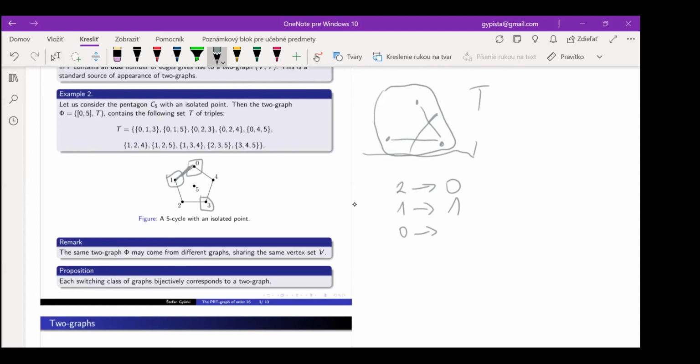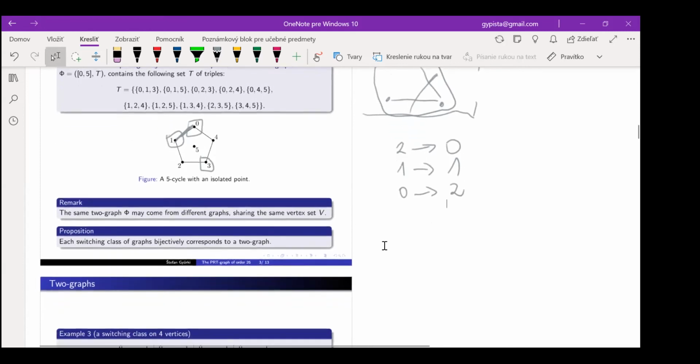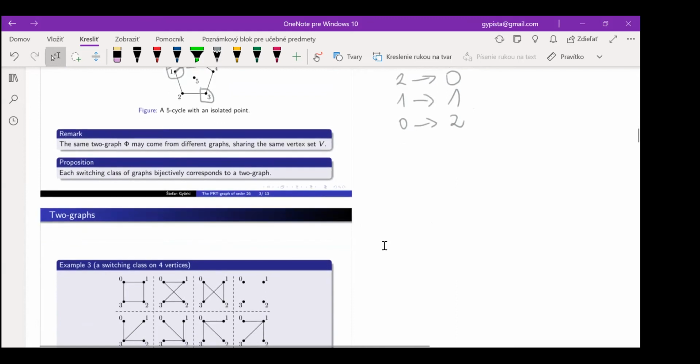And if there were two non-edges, then we will obtain two edges between these three vertices. So the parity of the edges inside the triple stays invariant. So that's why two-graphs are mentioned on the same page with the switching classes of graphs.